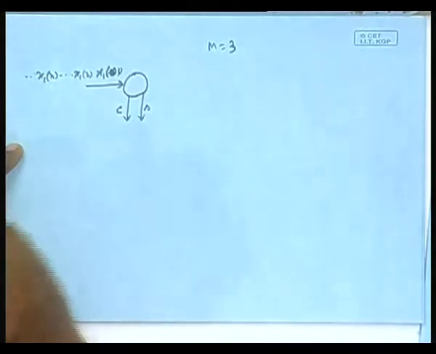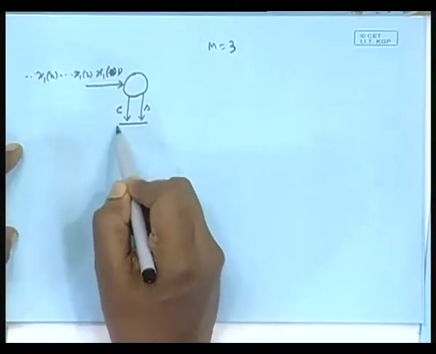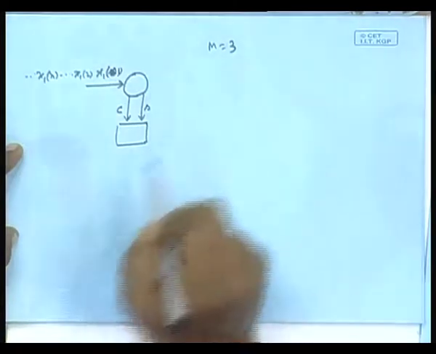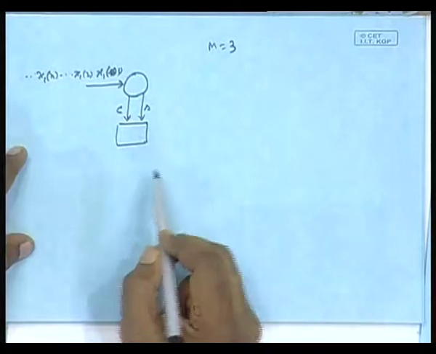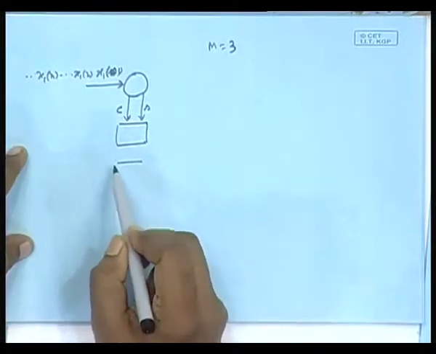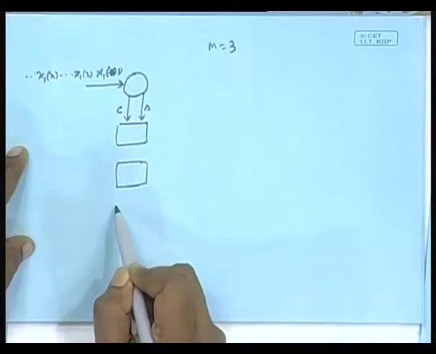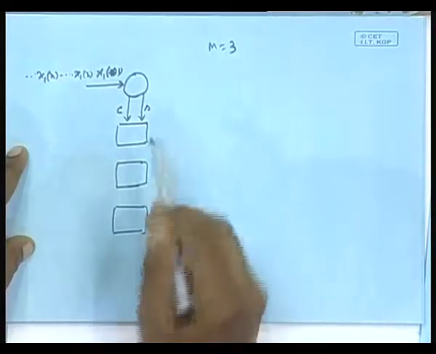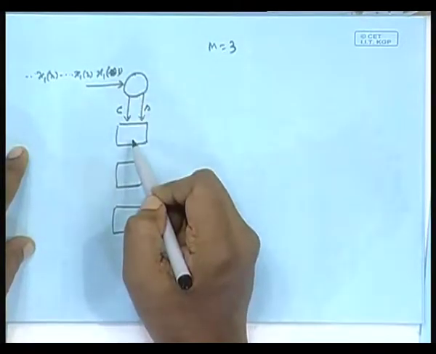But suppose it is so, it will always be C S things. I will consider M equal to 3 only, because otherwise I cannot draw an infinite array. What happens, this kind of circle is one kind of processor, this is another kind of processor.